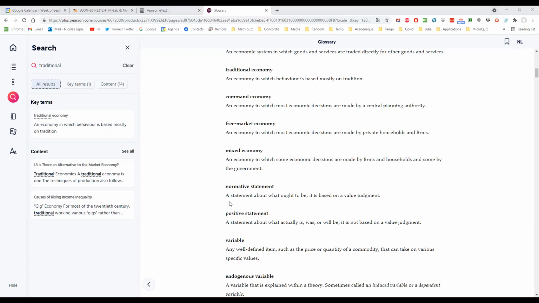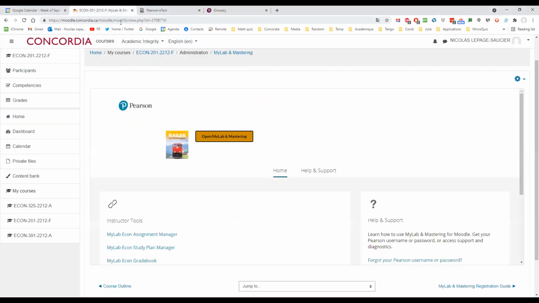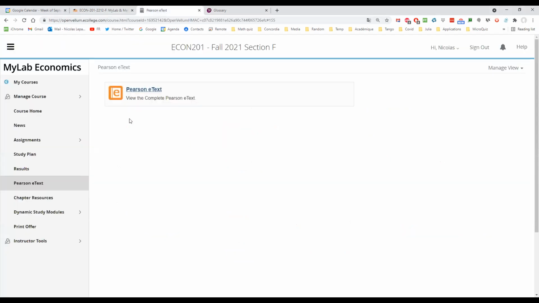Other questions? I have a question, sir. Regarding the question that was previously asked about purchasing the ebook, I purchased the book online with the e-text, but after that I didn't get an access code, though I have access to all the labs and the e-text and everything. Is that what I'm supposed to see, or am I supposed to have a different access code? So did you try to do what I just did? Yeah, that's what I did, and then Pearson e-text, and I have that.